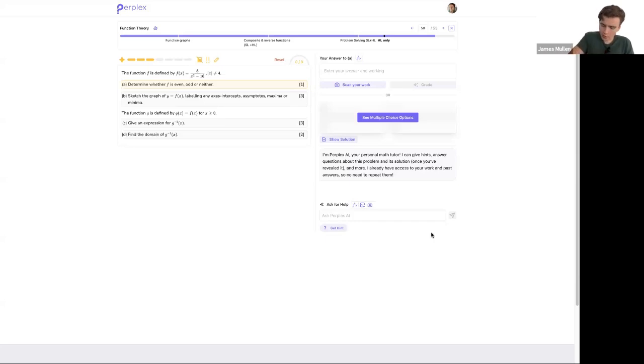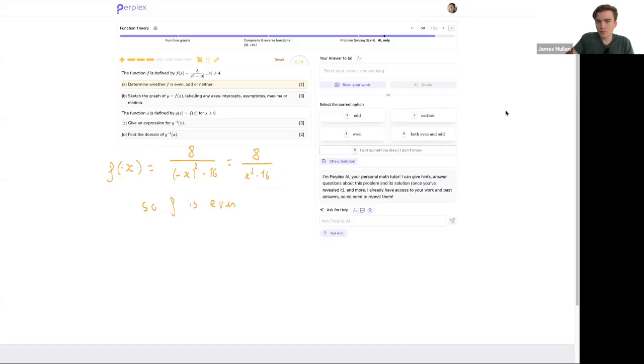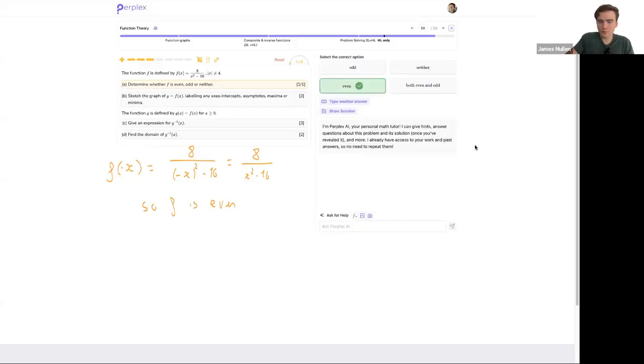But it's important to show your working when you're answering this question on the exam. So I'm going to write f of negative x is equal to 8 over (negative x) squared minus 16, which is equal to 8 over x squared minus 16. So f is even.